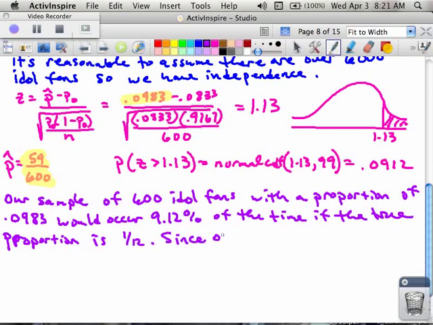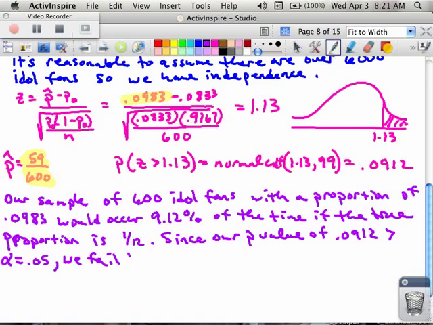Since our p-value of 0.0912 is greater than our alpha, which was equal to 0.05, we fail to reject our null hypothesis.